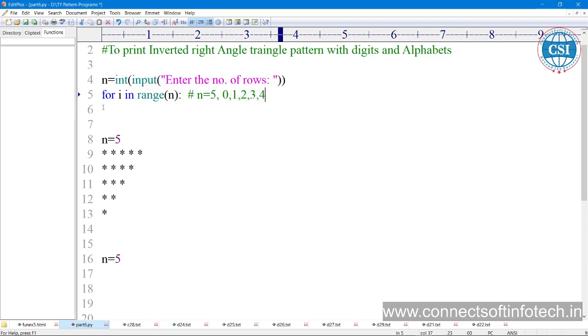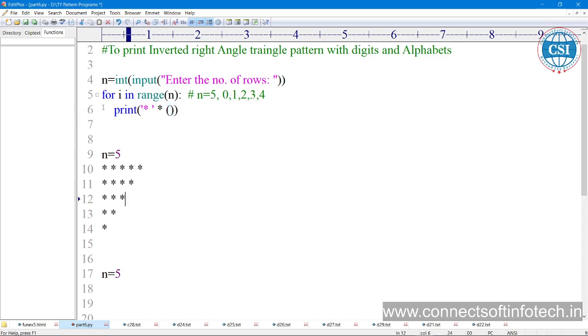How many times will this loop execute? 5 times. Then print: what you need to print is the asterisk. How many times do you want to print this asterisk?